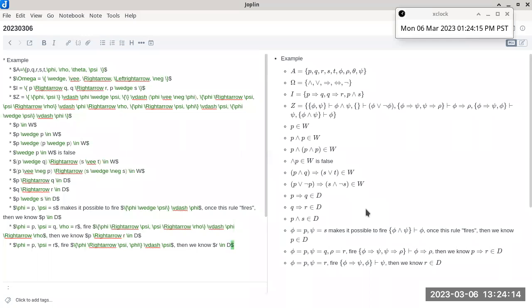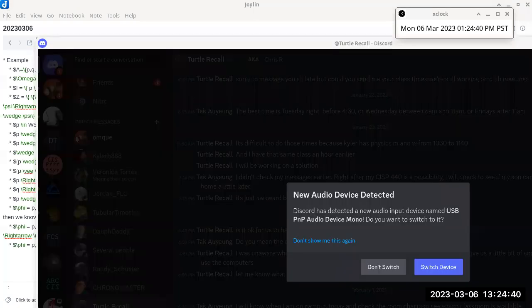Don't ask me why they're true. Those are just given, you're told that they're true. And zeta is the transformations that are given to you. They're basically how you can derive something syntactically.